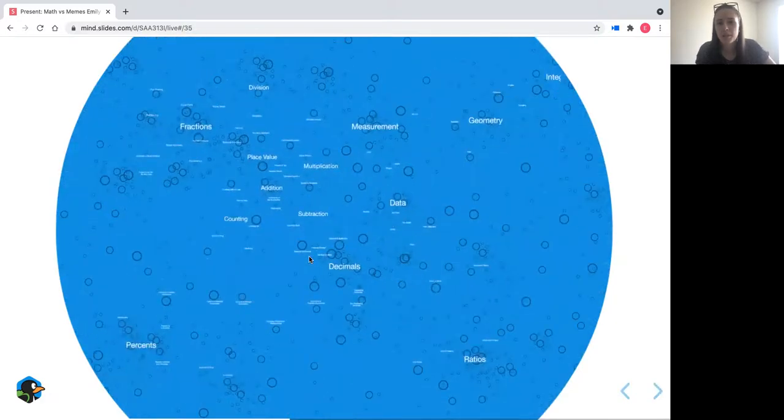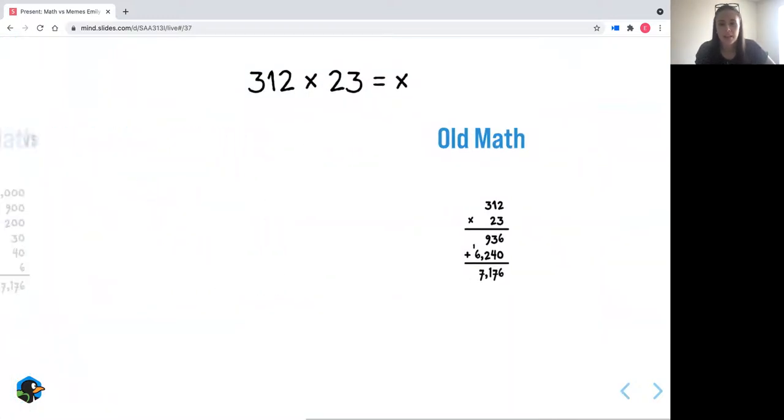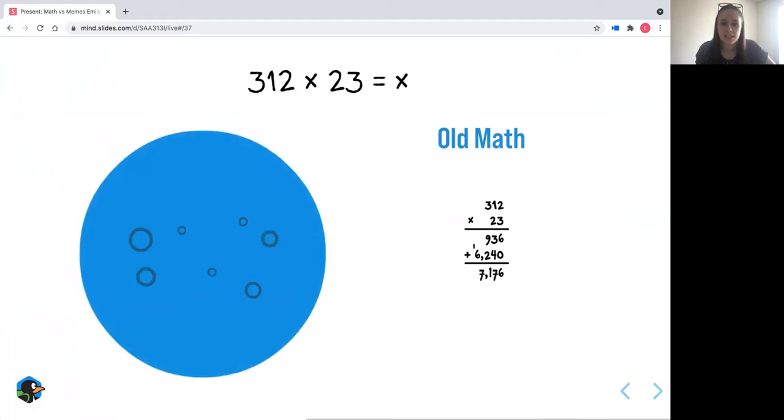So if we zoom out, this would be a schema map of PK through 8 mathematics and the connections we need to build for students. And if we go back to that first question, new math versus old math, if we think about just teaching procedurally, we're not making those deep connections for students.